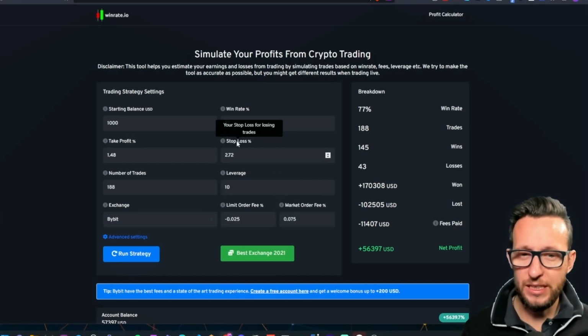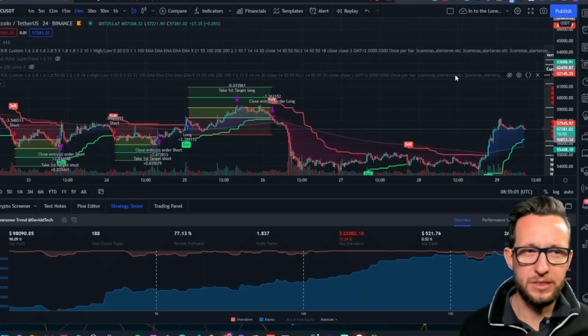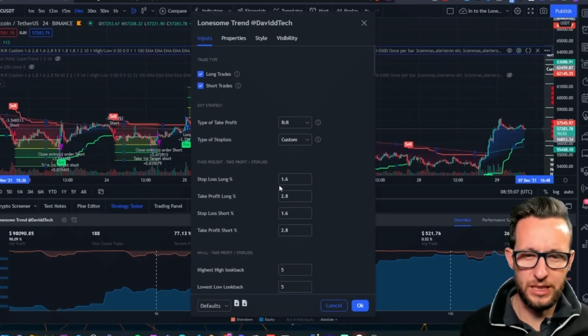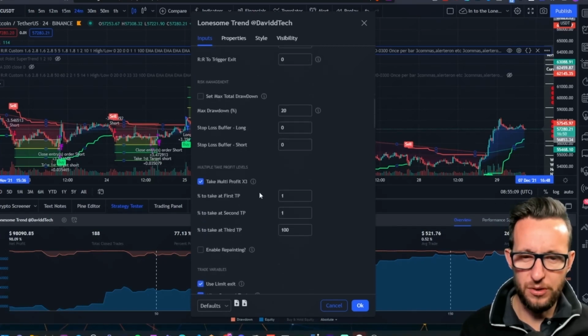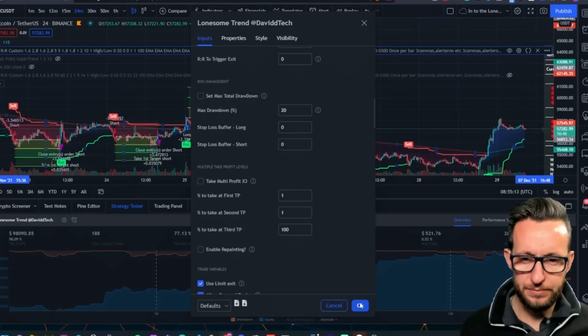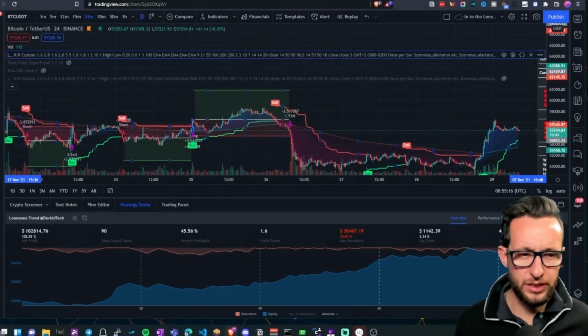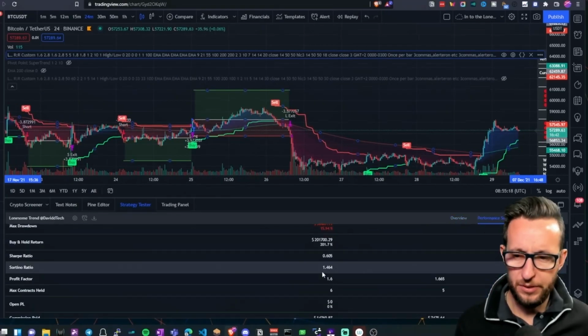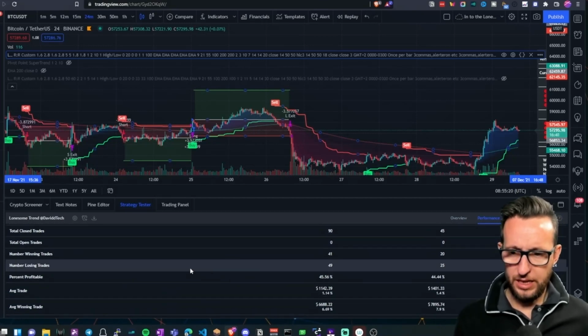So you don't always need the stop loss to be bigger than the take profit if you've got a humongous win rate. If we would have taken off the multiple take profits here, would it still be the same? I do not know, but let's give it a go very, very quickly. So we got 45 here.